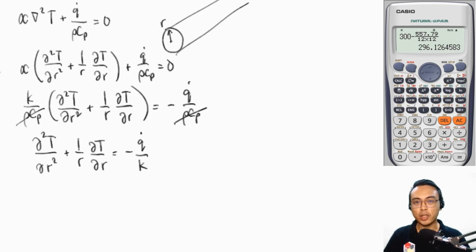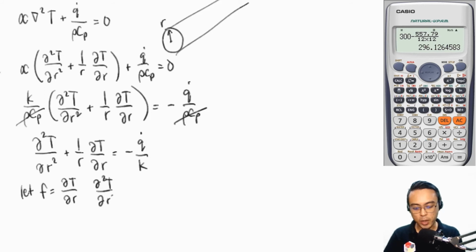The problem with this equation is we cannot solve it through the separation of variables because this is a second-order linear differential equation. What we can do is to simplify this in order for it to become a linear first-order differential equation. How do we do that? Let's represent F as the derivative of temperature with respect to r, such that the second derivative of temperature with respect to r now becomes the first derivative of F with respect to r.